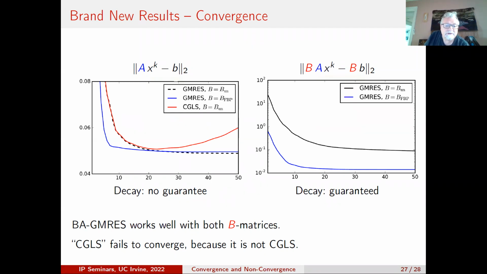There's no theory for what will happen. It's certainly not an optimization method anymore. And as you can see, after some iterations, it diverges. So it's not a very good idea. But the GMRES methods work very well. So we are quite happy with these results for real data.